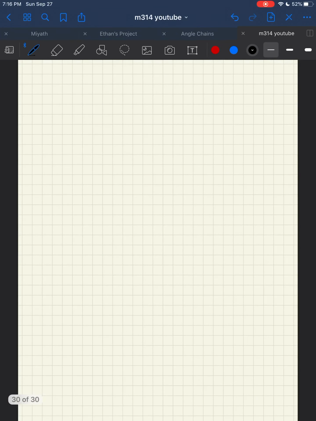Now another popular recursive sequence is the following: a sub 0 equals a sub 1 equals 1, and a sub n equals a sub n minus 1 plus a sub n minus 2. If you want to, pause the video and try to work out what this sequence is.